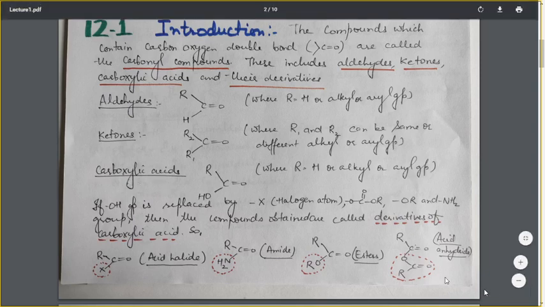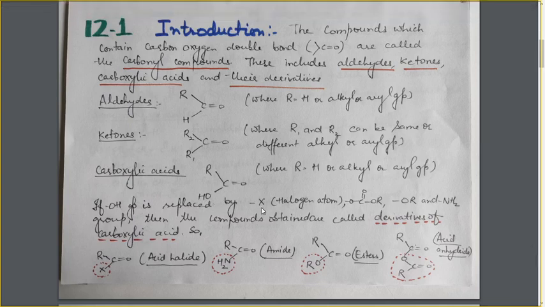Now, what are acid derivatives? Or we can also call them derivatives of carboxylic acids. If in the structure of carboxylic acid, this OH group is replaced by other groups, then the compounds obtained are known as the derivatives of carboxylic acids.